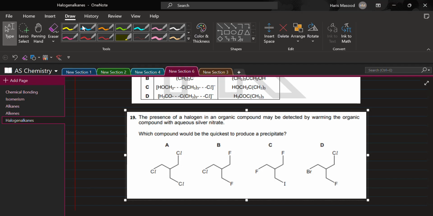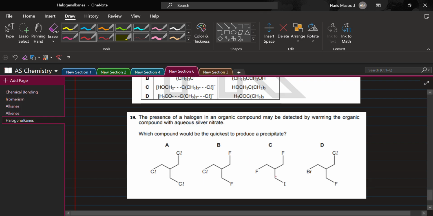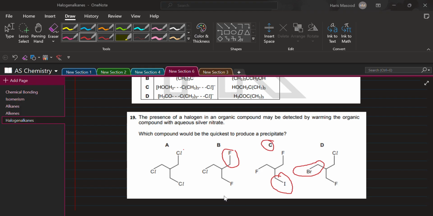Fluorine is least reactive, so it won't be. Iodine is most reactive, and bromine is third. C would be the correct answer because in C we have iodine, so it will quickly form the precipitate. We had to see the quickest. Clear?